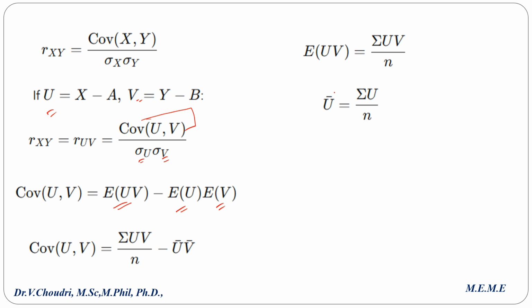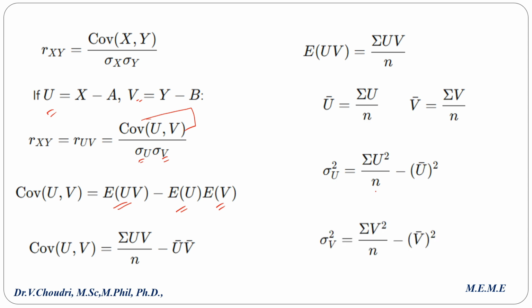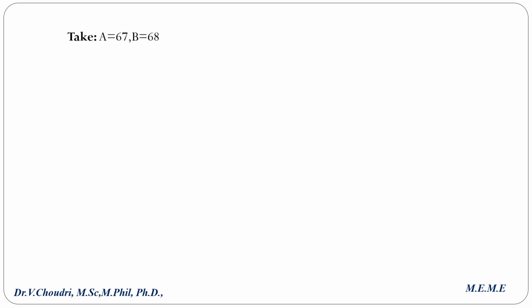U bar is the mean of u, summation of u divided by n. V bar is the mean of v, summation of v divided by n. Now the variance: sigma u square equals summation u square divided by n minus u bar square. Variance of v equals summation v square divided by n minus v bar square. Now form the table by taking a equal to 67, b equal to 68.